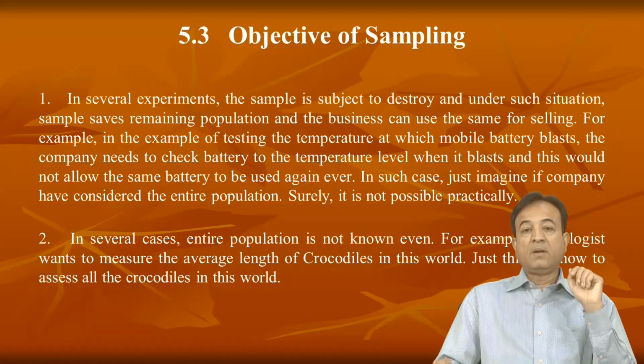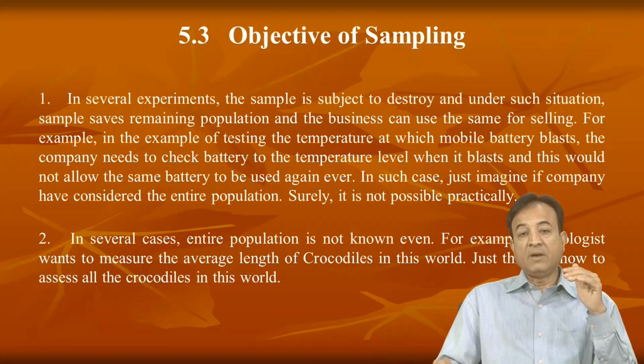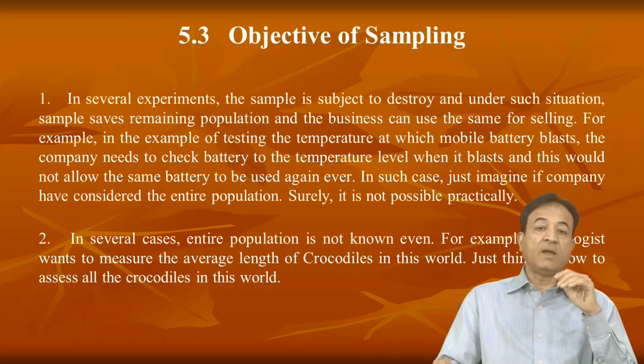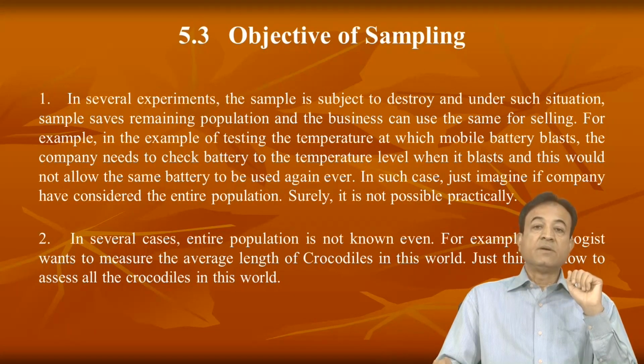For example, in testing the temperature at which a mobile battery blasts, the company needs to heat the battery to the temperature level when it blasts, and this would not allow the same battery to be used ever again. In such a case, just imagine if the company had considered the entire population. Surely it is not practically possible.